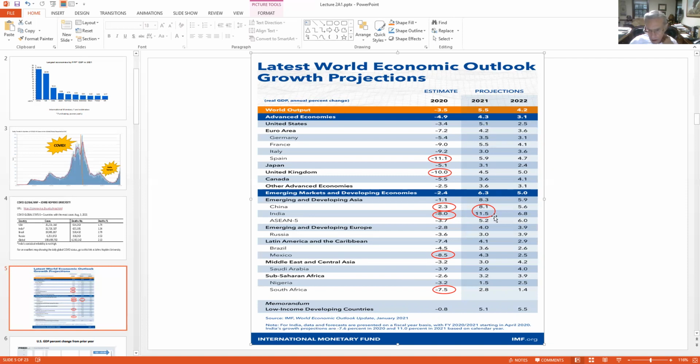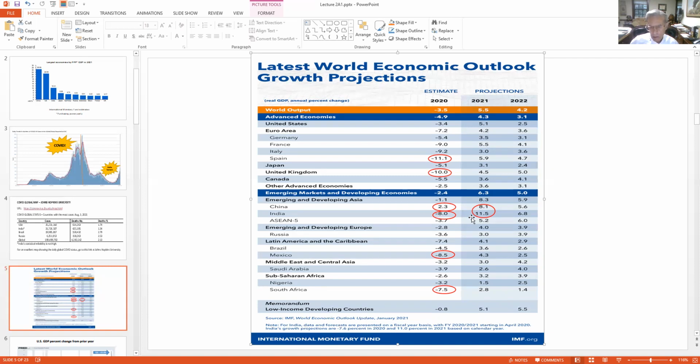For the current year, the World Economic Outlook, from the International Monetary Fund, anticipated when this was published an 8% growth in China and an 11% growth in India.